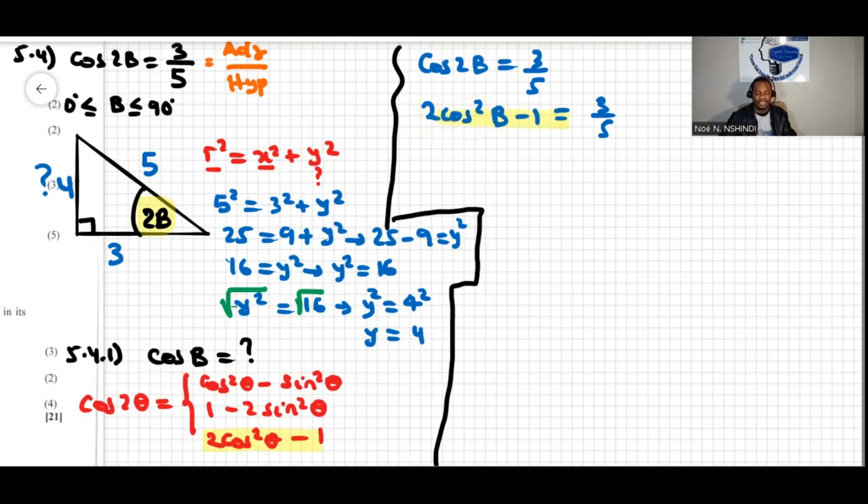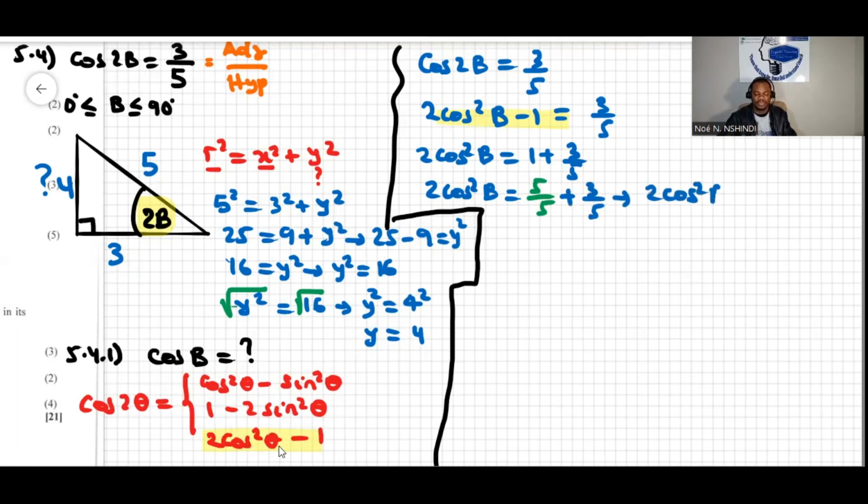If I move the 1 over, that's 2 cos squared B equals 1 plus 3/5. Since 1 is the same as 5/5, plus 3/5, that makes 2 cos squared B equal to 8/5.